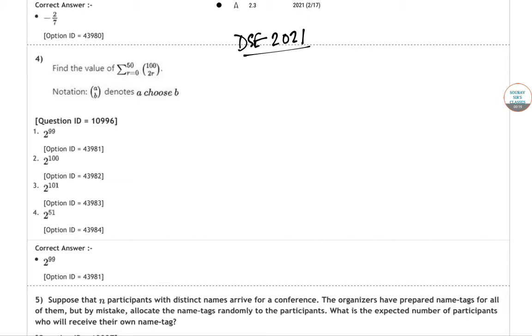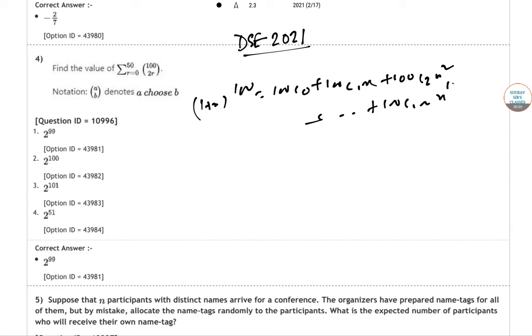So we know that the expression (1 + x)^100 is 100c0 + 100c1 x + 100c2 x squared ... + 100c100 x to the power 100.